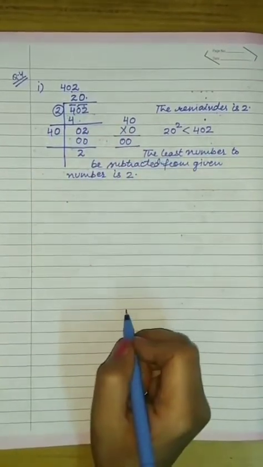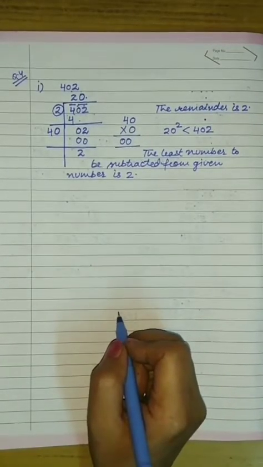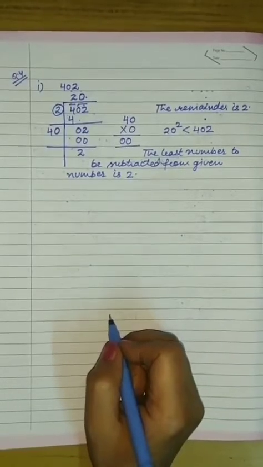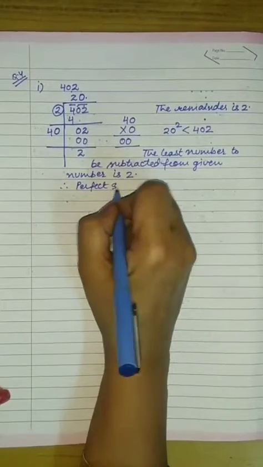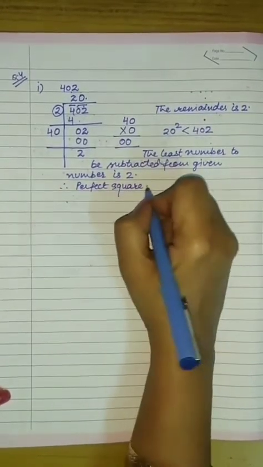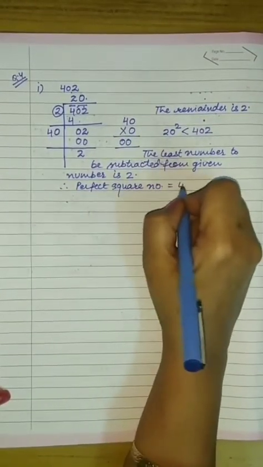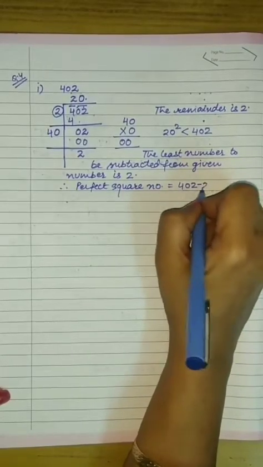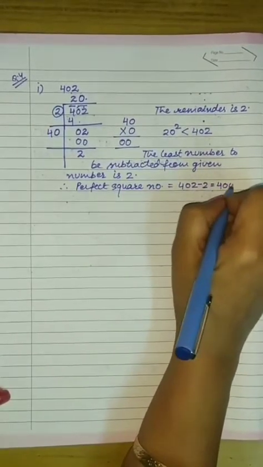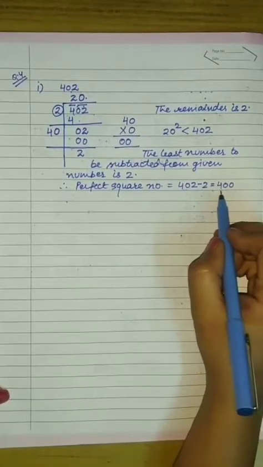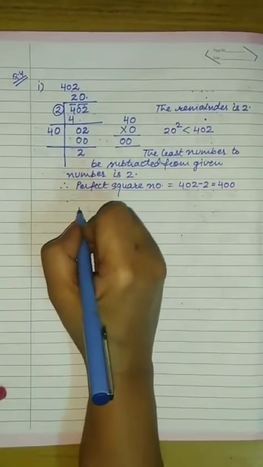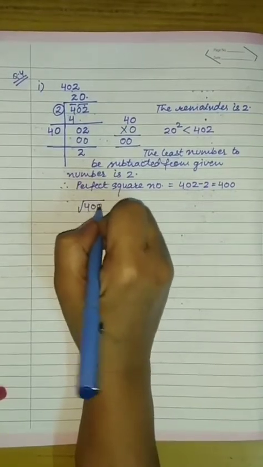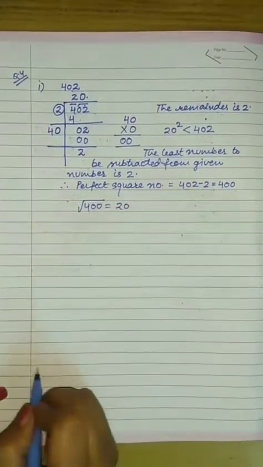Means if we subtract 2 from the given number, that is 402, our number will become a perfect square. Therefore, perfect square number is equal to 402 minus 2, that is 400. Now we have to find the square root of the number thus obtained, that is 400. So square root of 400 will be 20.